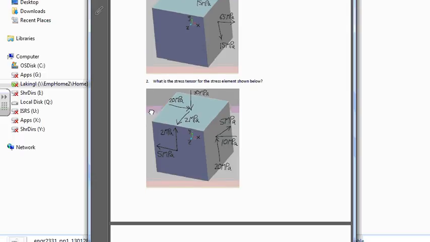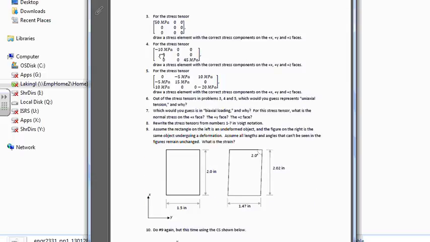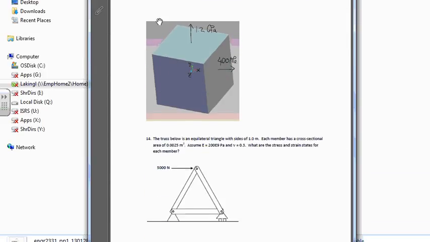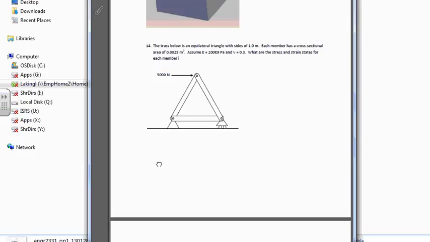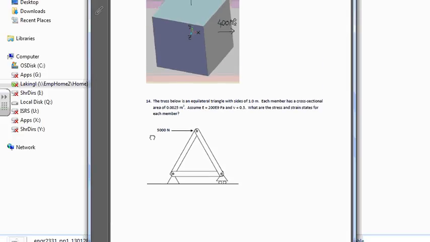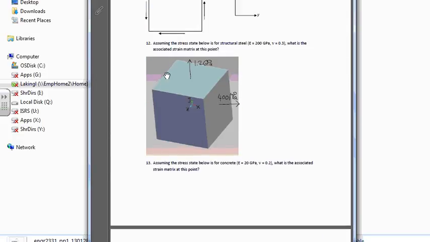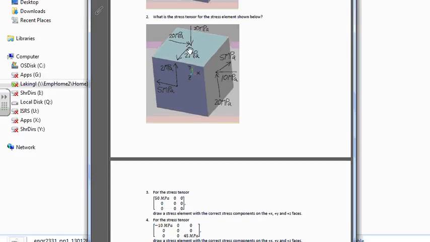You should be comfortable with all the stuff up through 14. This stuff is just about understanding what the stress tensor, the stress element looks like, so you're responsible for all of that.